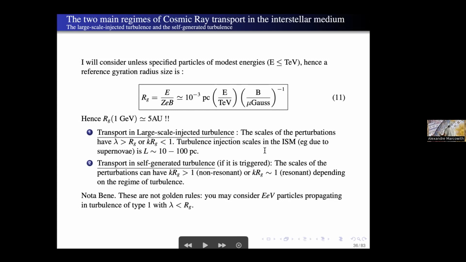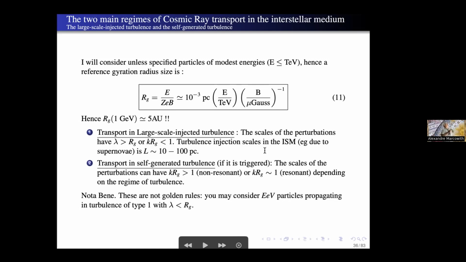Cosmic ray transport is intimately linked with turbulence. You can either have turbulence which is injected at large scale. With respect to this one, it's not difficult. For instance, supernovae release some energy around 10 to 100 parsec, and then it cascades down to 5 AU, possibly.